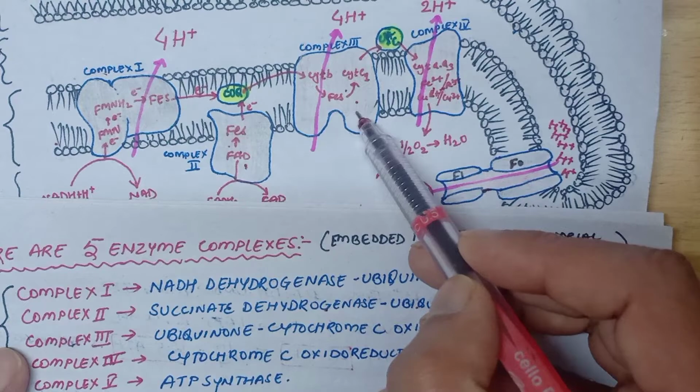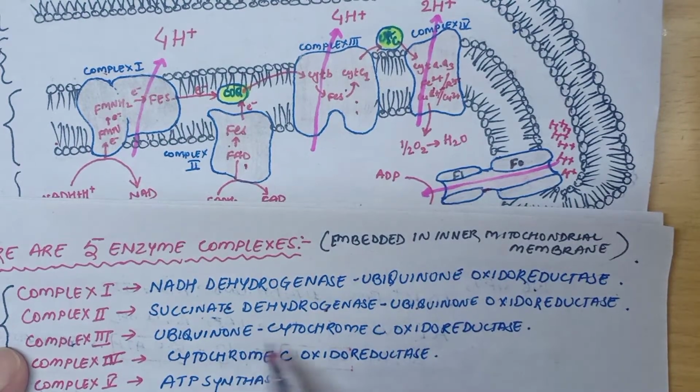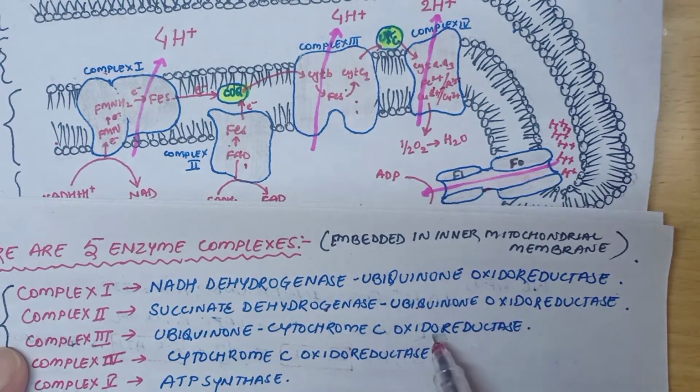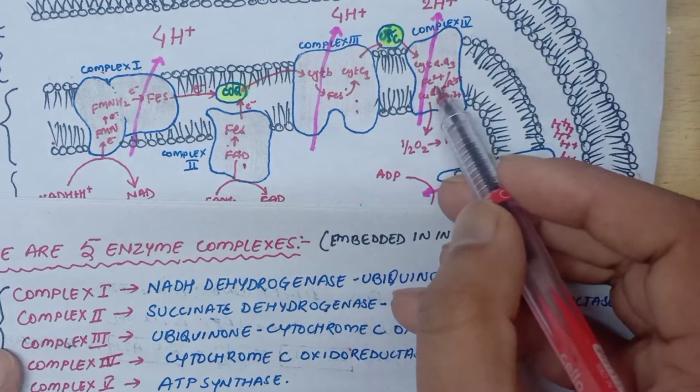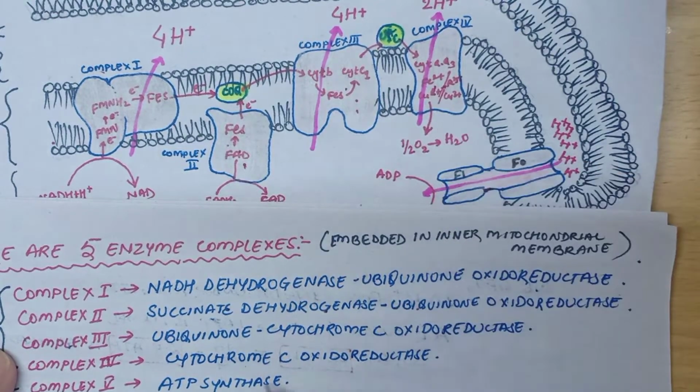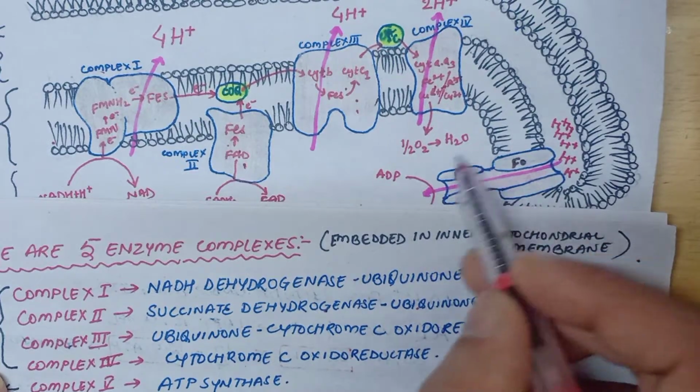And complex 3 is known as ubiquinone cytochrome C oxidoreductase, also known as coenzyme Q cytochrome C oxidoreductase. And complex 4 is known as cytochrome C oxidoreductase. And complex 5 is ATP synthase.